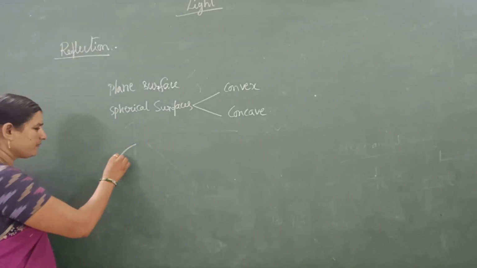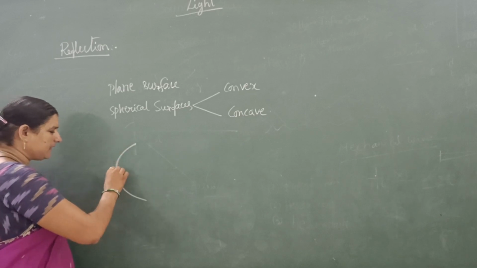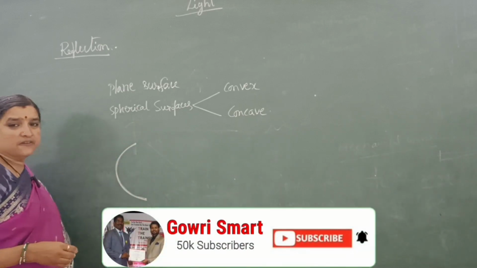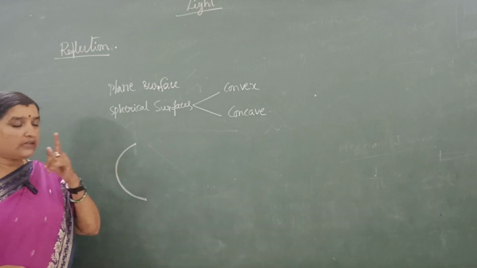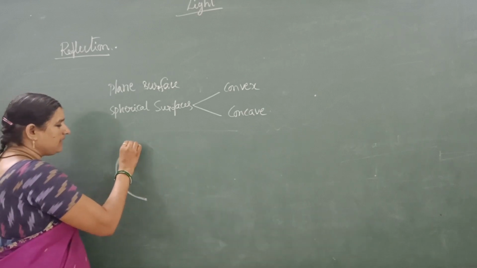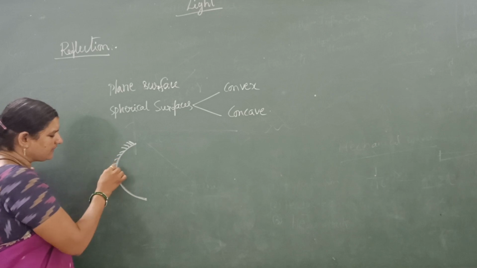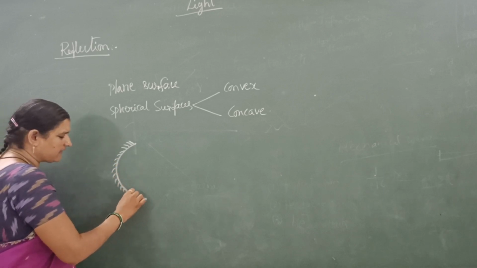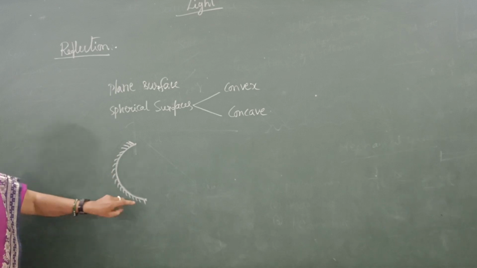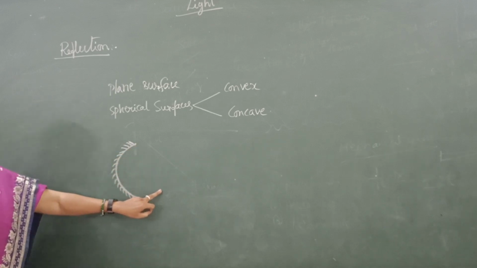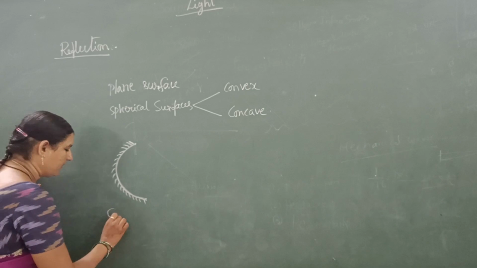This is a spherical surface. Which surface is the reflecting surface? Based on that we can name it. Suppose in a mirror one side is coated and the other is the reflecting surface. If you observe, this is the coated surface, so the caved portion is the reflecting surface. So this is a concave mirror.